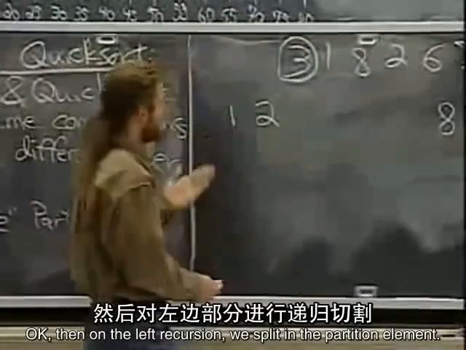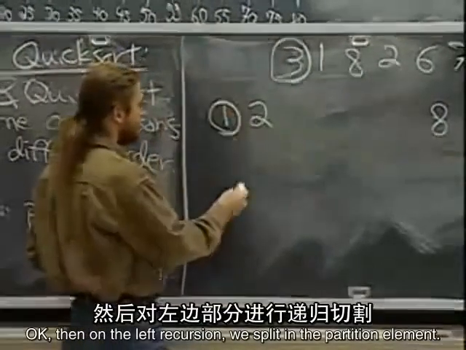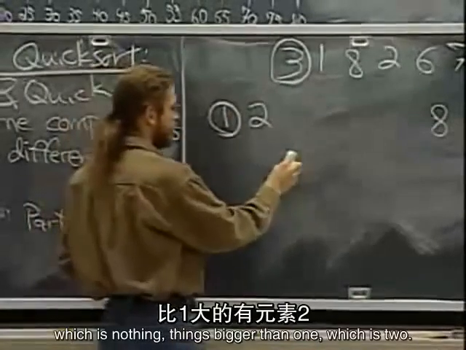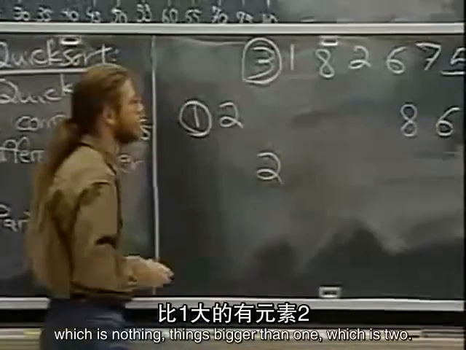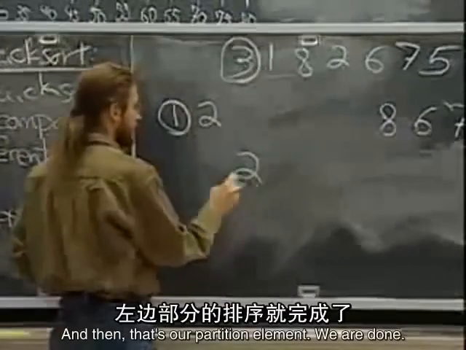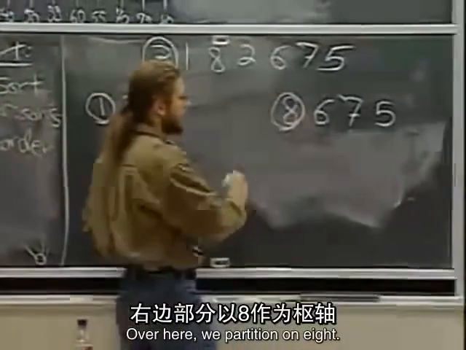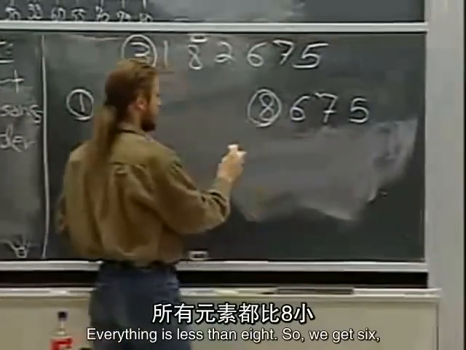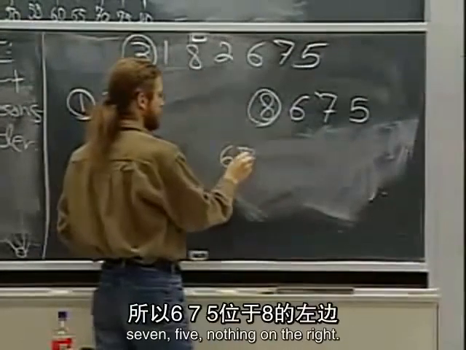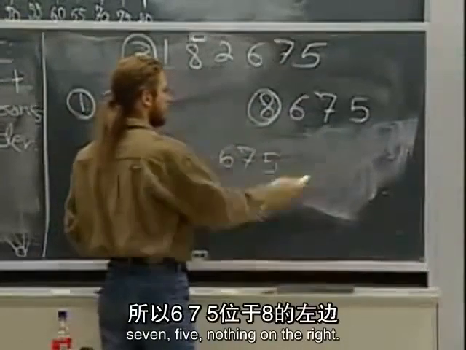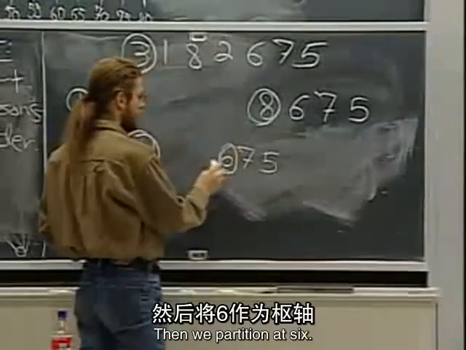Okay, then on the left recursion, we split on the partition element 1. There's things less than 1, which is nothing, things bigger than 1, which is 2. And then that's our partition element, we're done. Over here, we partition on 8. Everything is less than 8, so we get 6, 7, 5. Nothing on the right. Then we partition at 6.